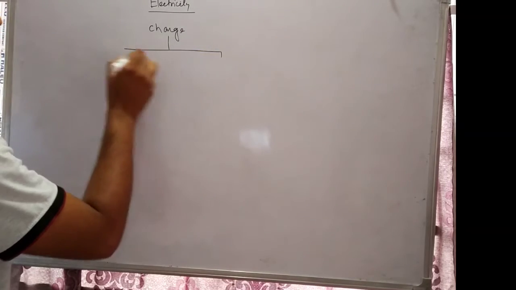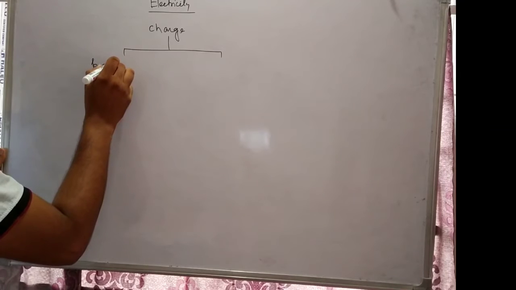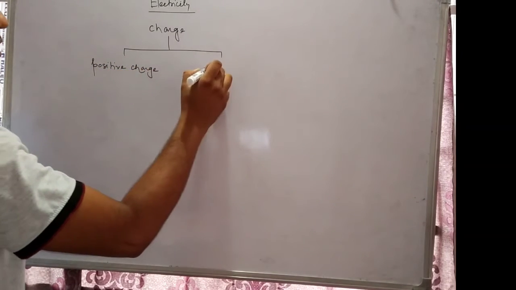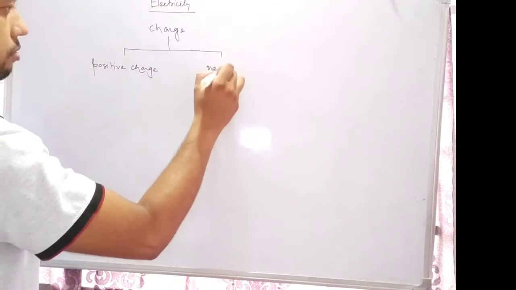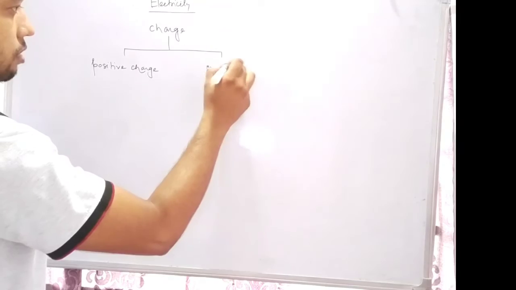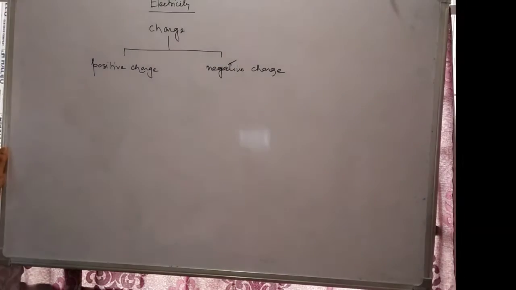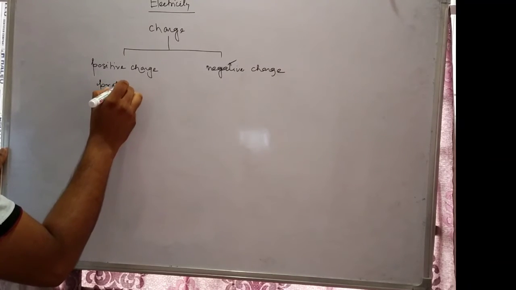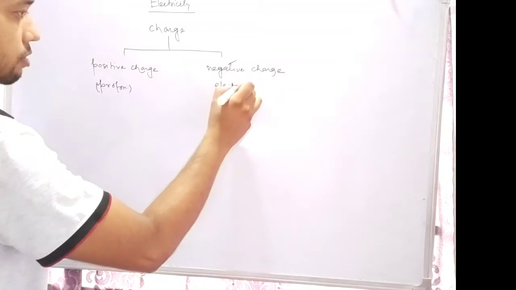There are two types of charge. One is positive charge and another one is negative charge. Positive charge is known as proton and negative charge is known as electron.